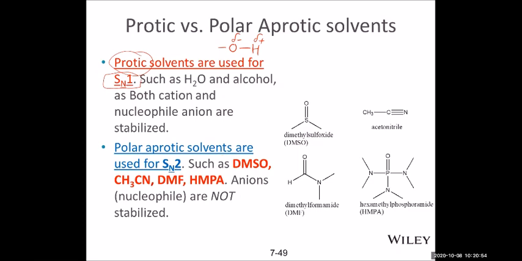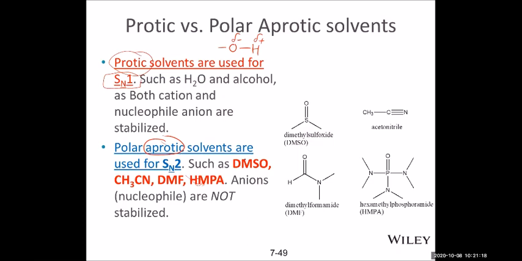There are many polar solvents without an OH group. These are called polar aprotic. The hydrogen will not be able to dissociate as a proton. So when you use polar aprotic solvents, they prefer SN2.